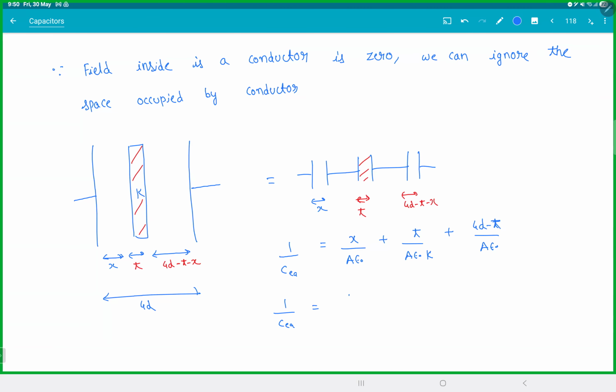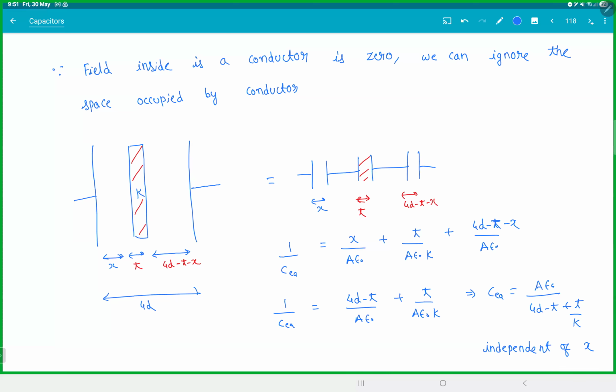So 4D minus T by A epsilon plus T by A epsilon K. So from here you get 1 by C equivalent will be (4D minus T plus T by K) by A epsilon. Independent of X, it doesn't matter where you keep the slab, you'll get the same answer. And if you have a conductor, just ignore that space.